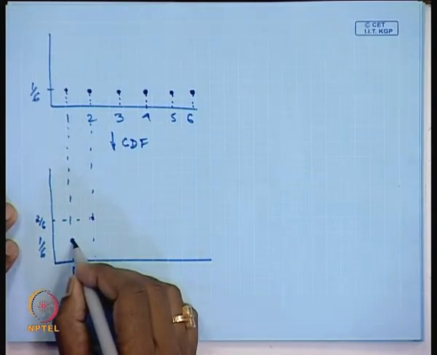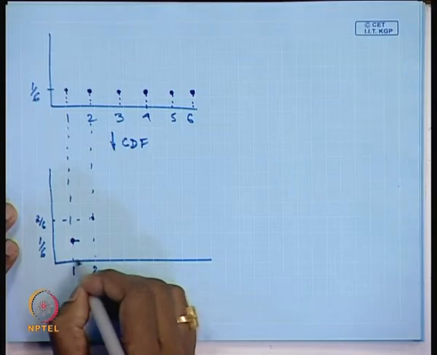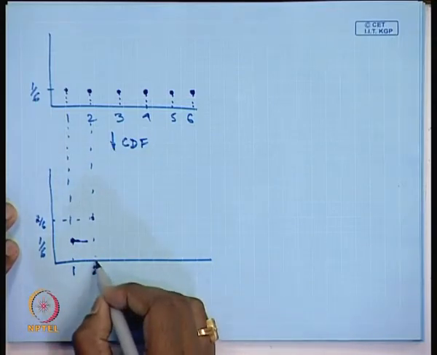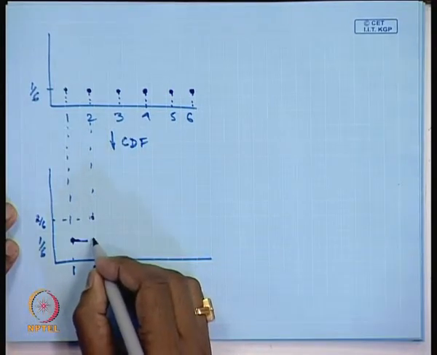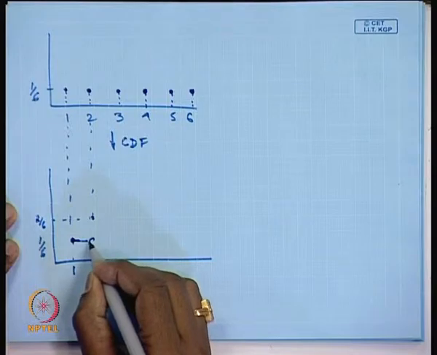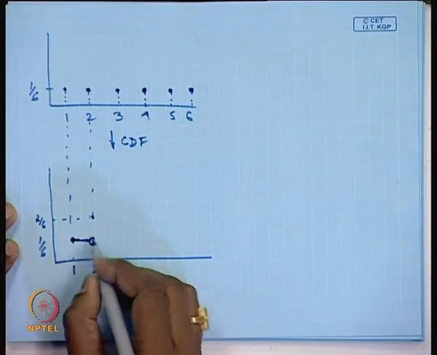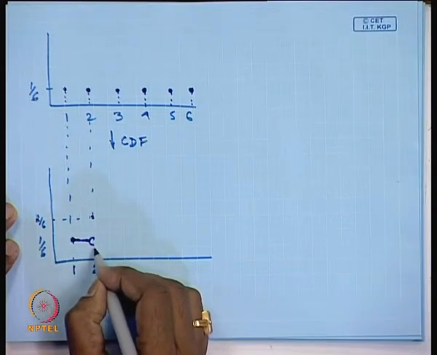So the CDF remains constant starting from 1 and going up to 2. Now, as soon as it touches 2, it shoots to 2 by 6. So generally, in the representation we should not touch the line at 2. This is a continuous line, it will simply start from 1 and go as close as it can up to 2, but it should not touch 2.